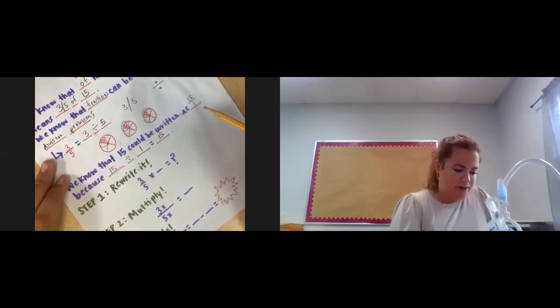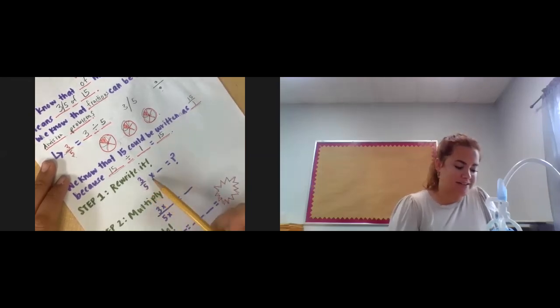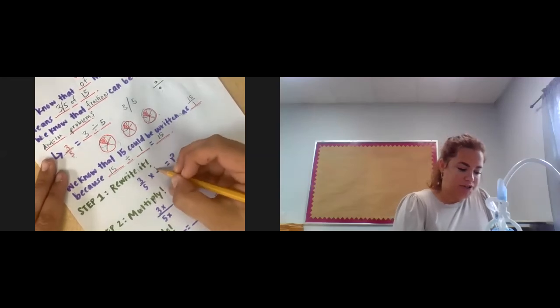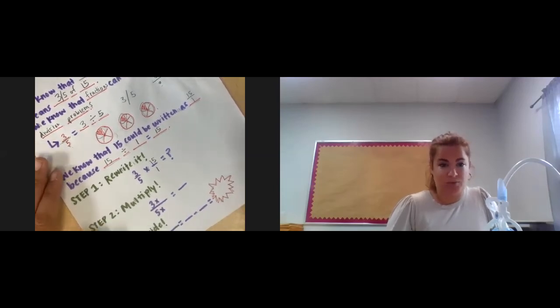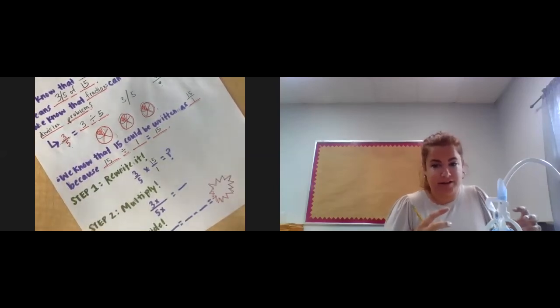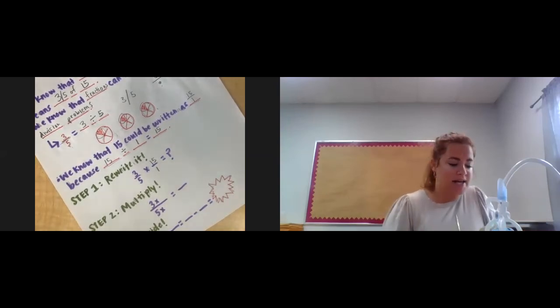So if I was going to try and find the product of 3/5 and the whole number 15, I would first rewrite it. So it looks like that, 3/5 times 15 over 1, which means now that we're all on the same level. We're only talking about fractions now, which means that I can start working on this problem.